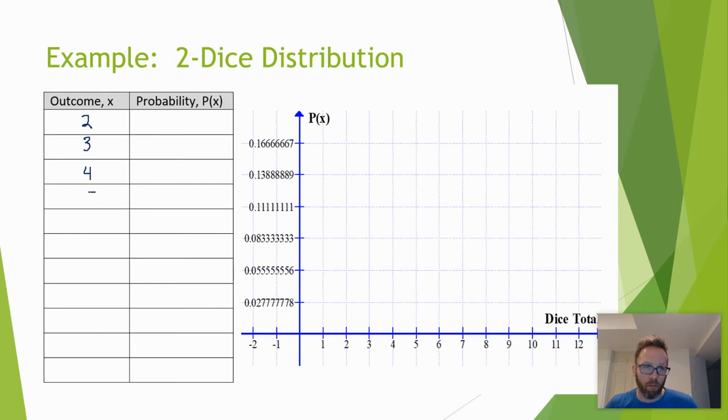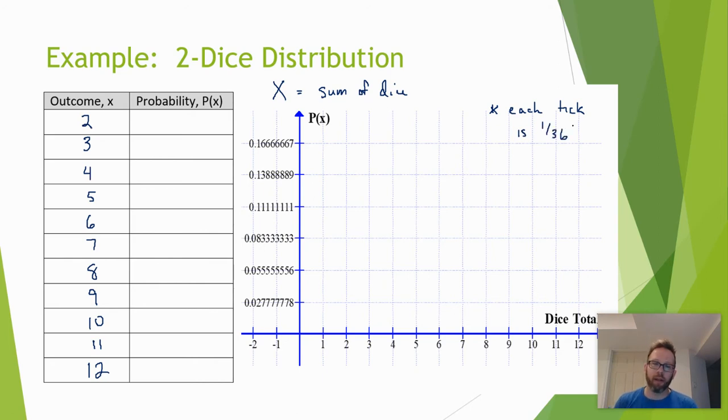So these are all the possible outcomes for lowercase x. 8, 9, 10, 11, 12. And in this case, our discrete random variable capital X is the sum of 2 dice. Each vertical tick on this graph is 1/36.